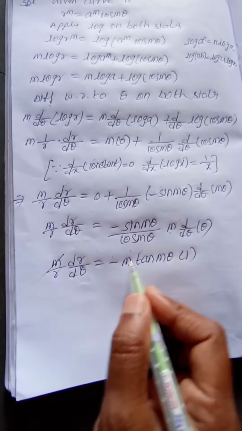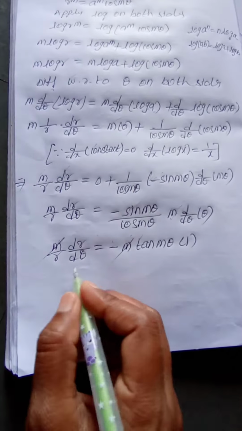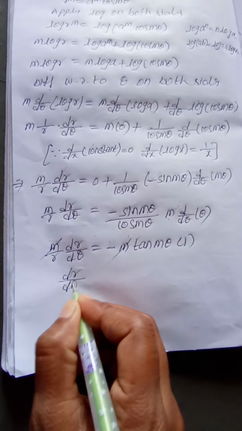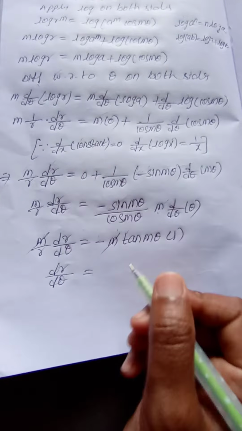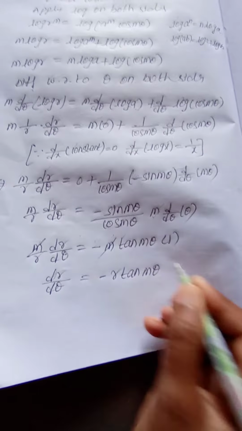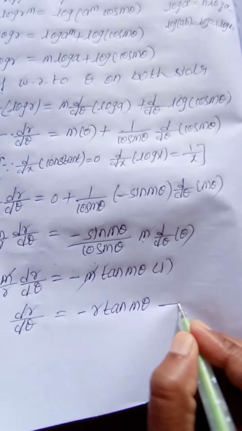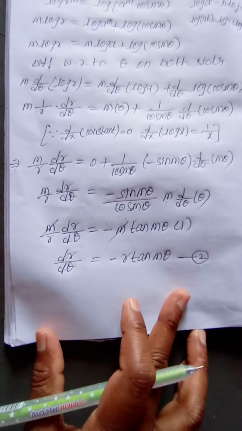Both sides m gets cancelled. Now find dr by d theta. Transposing 1 by r to the right side, we get dr by d theta equals minus r into tan m theta. So this is equation 1.